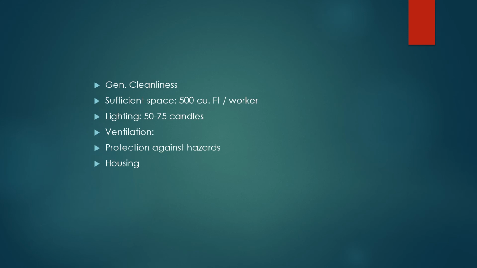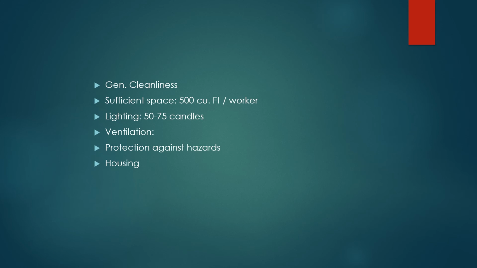General cleanliness is very important, like cleaning of the floor and roof every day. Sufficient space between workers should be there, for example 500 cubic feet per worker. Adequate lighting and ventilation should be there.